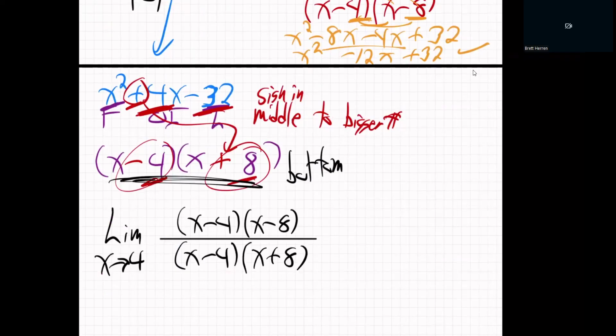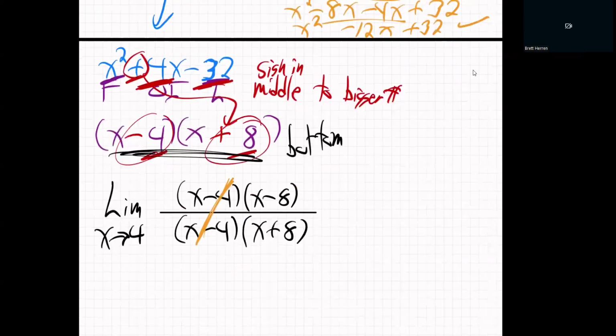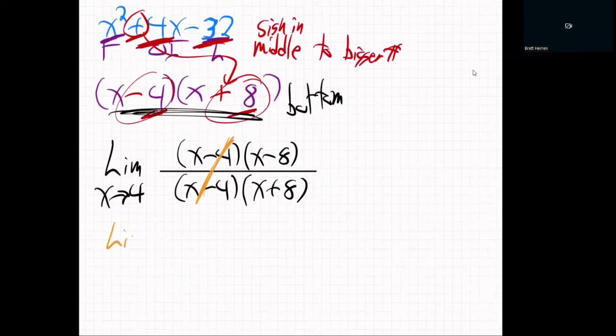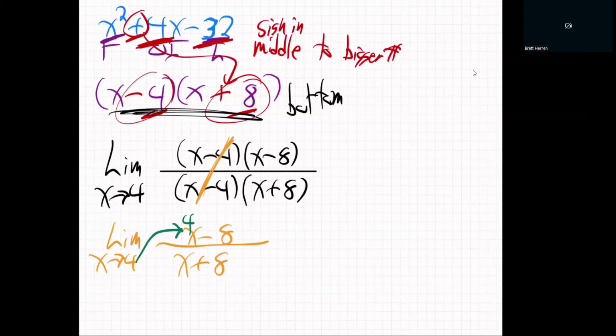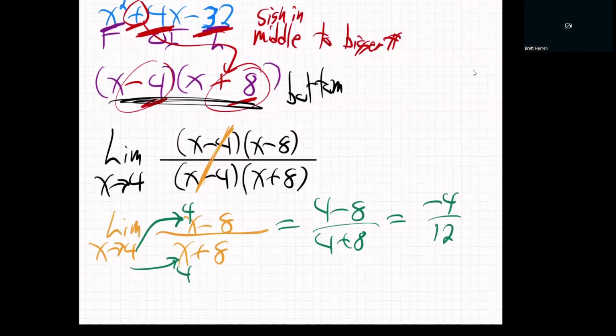Very similar. These cancel. And so we've got the limit as x goes to 4 of x minus 8 over x plus 8. Okay, now you can plug in the 4. Put in the 4, put in the 4, and you get 4 minus 8 over 4 plus 8, which is minus 4 twelfths.